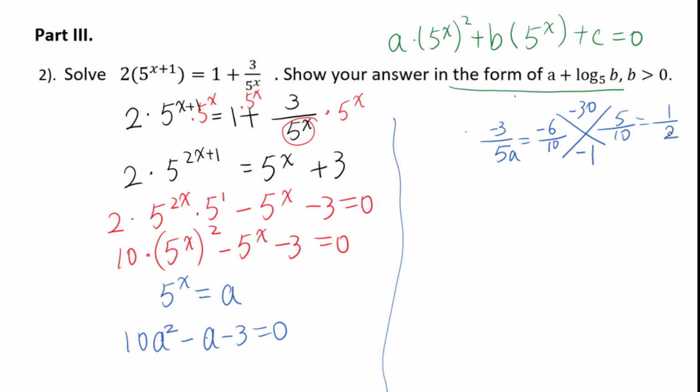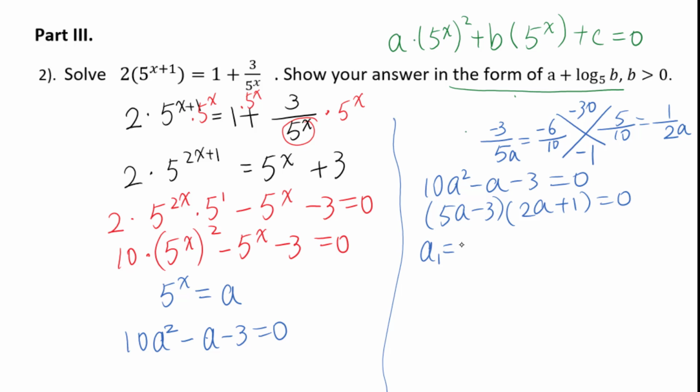Bottom up: 10a squared minus a minus 3 equals 0 becomes 5a minus 3 times 2a plus 1 equals 0. So a1 equals 3 over 5, a2 equals negative 1 over 2.